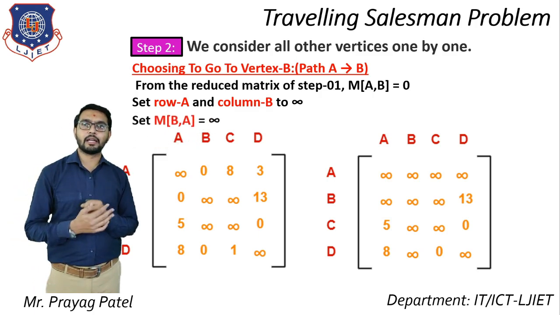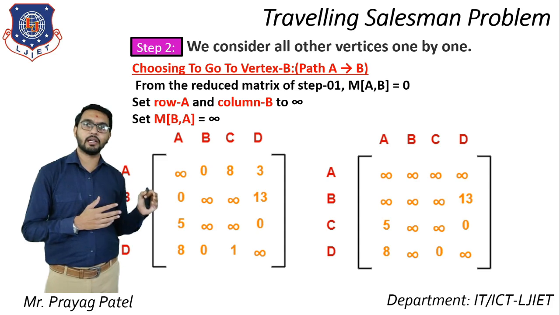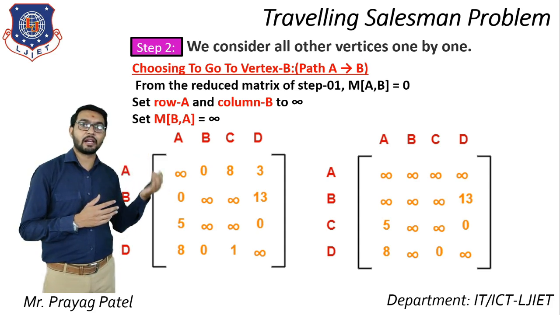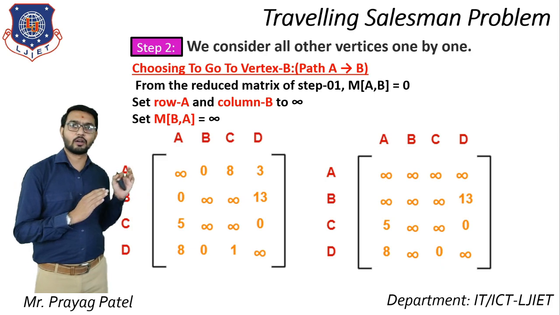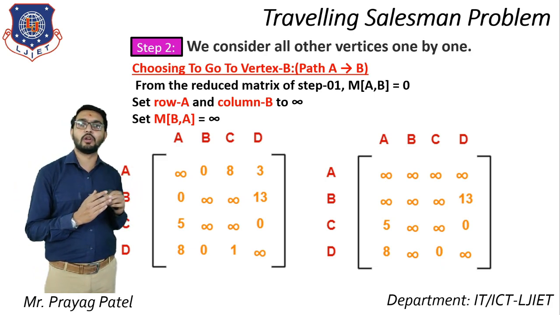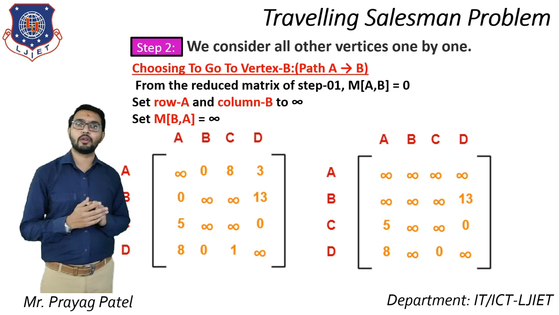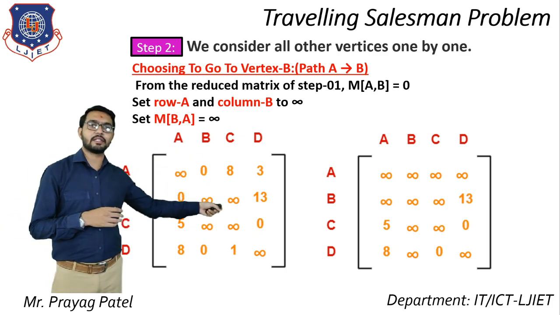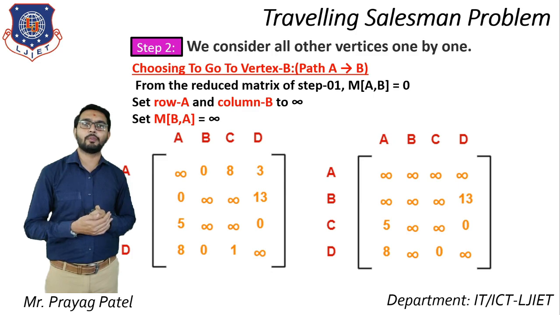Now after that consider the location MBA. Here the path is A to B, then the reverse of your path is the location. So set location MBA equal to infinity. So BA means second row, first column equal to infinity. Now consider this second matrix as the resultant matrix after performing this infinity operation.